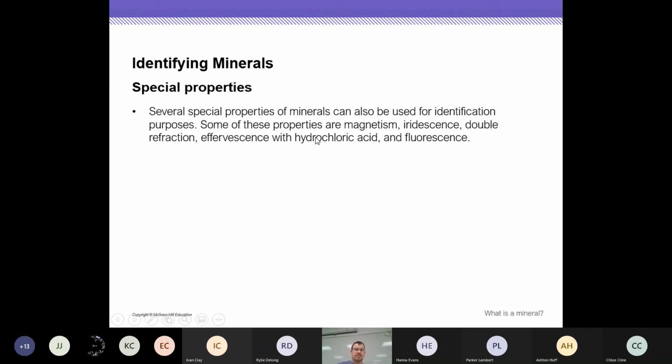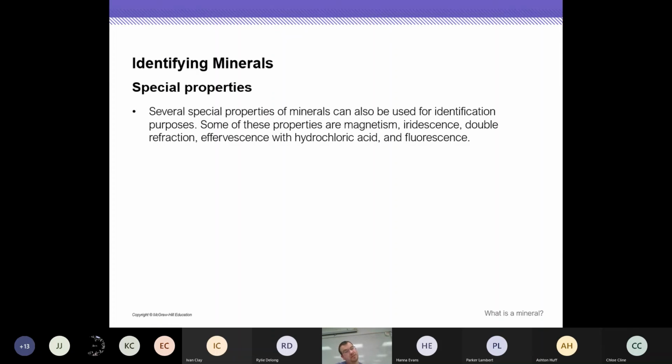The effervescence with hydrochloric acid, I really don't like the word effervescence there, but it's kind of like if you take Alka-Seltzer and put it in water and how it bubbles up. This is what it's talking about. So I take some hydrochloric acid and I just drop it on the rock and it bubbles up.